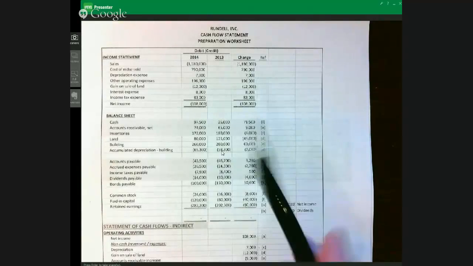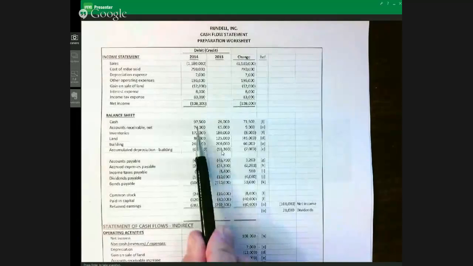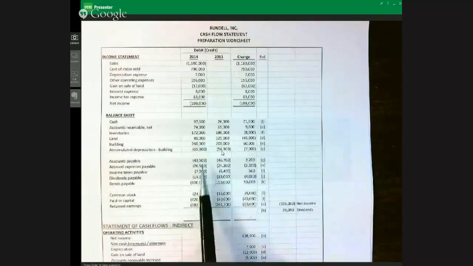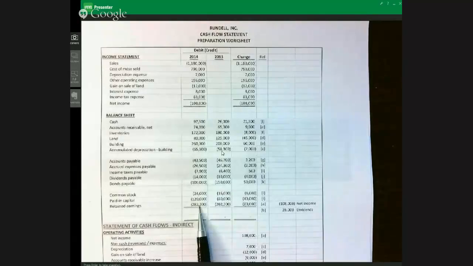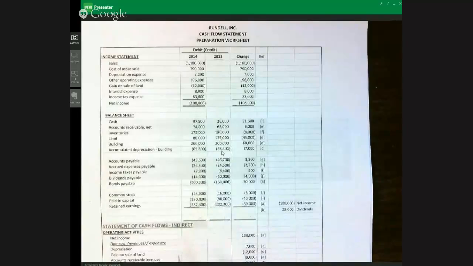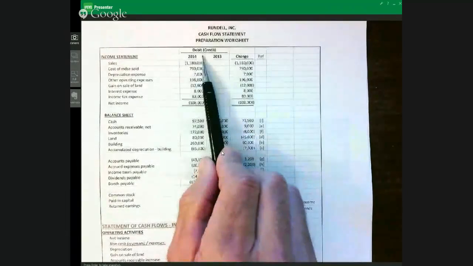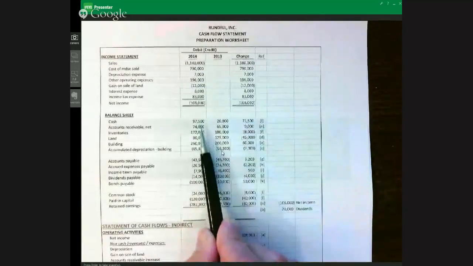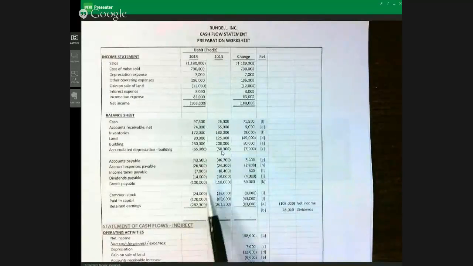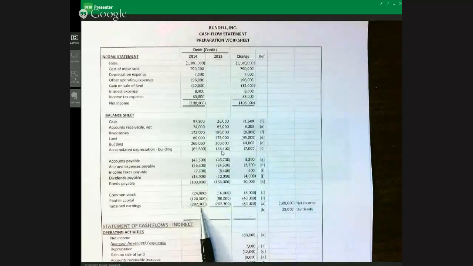And here's the deal. You know that on any balance sheet, the total of the assets should equal the total of the liabilities plus the total of the owner's equity. And in this particular formulation right here, we're showing debits and credits and not increases or decreases. So all of the asset accounts will have debit balances, and the liabilities and the owner's equity will have credit balances.